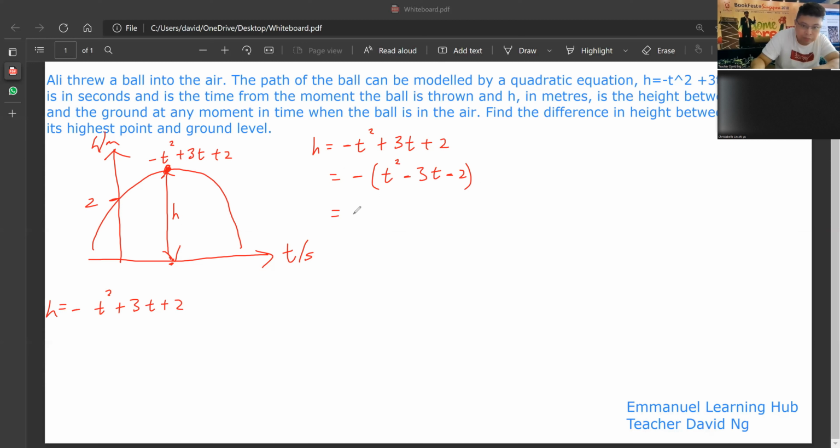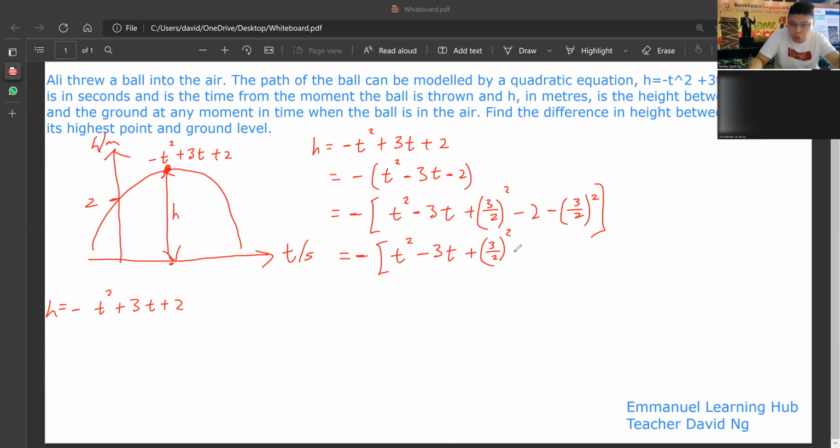Here I take out negative. Okay, -2, -9/4. a squared minus 2ab plus b squared, a minus b bracket squared. -2 minus 9/4. 2 is 8/4.